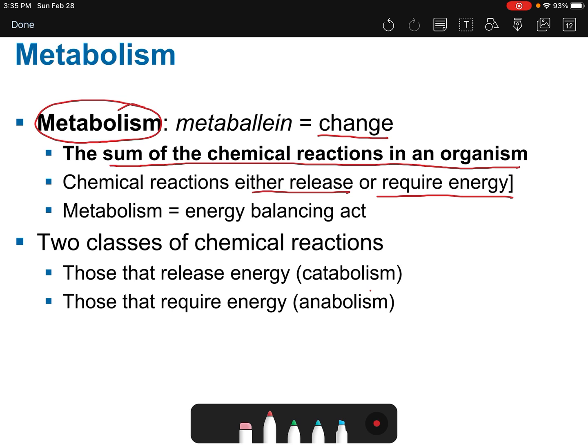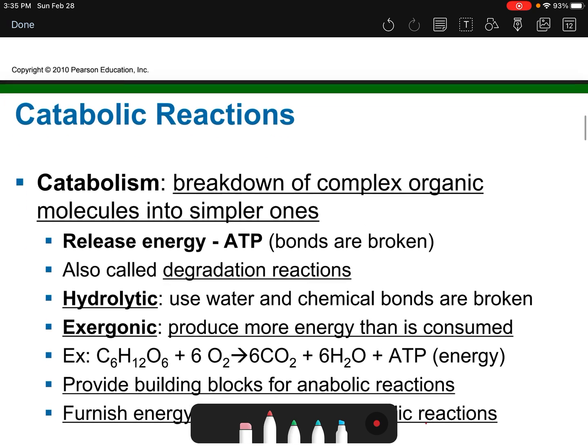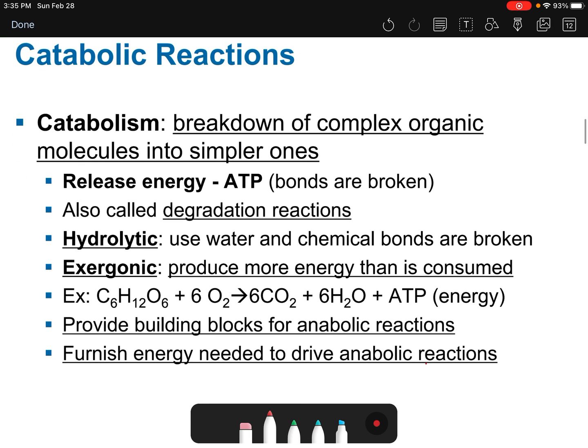And those two classes of chemical reactions are what we call catabolism, those that release energy, and anabolism, those that require energy. So we'll start first with the catabolic reactions. Catabolic reactions are the breakdown of larger, complex organic molecules into simpler ones.